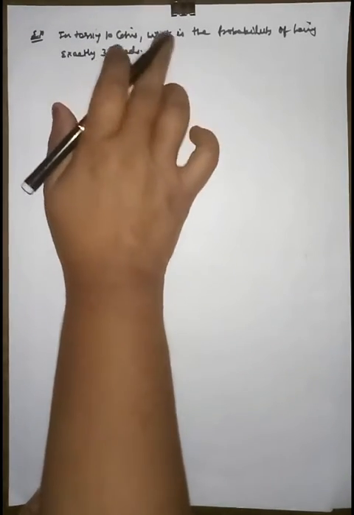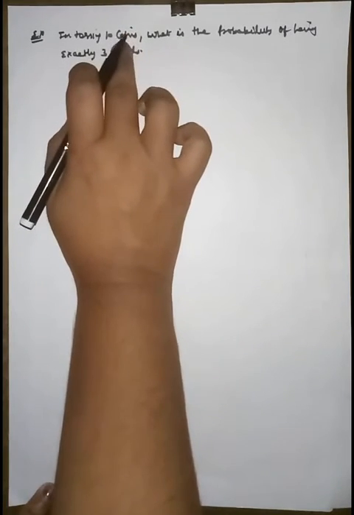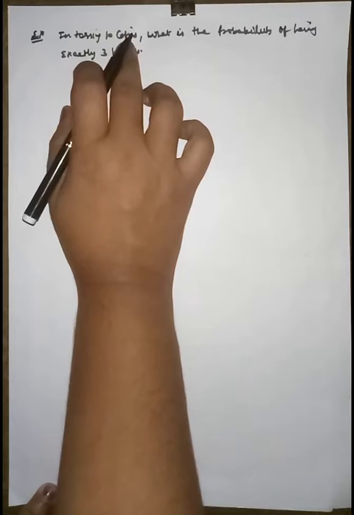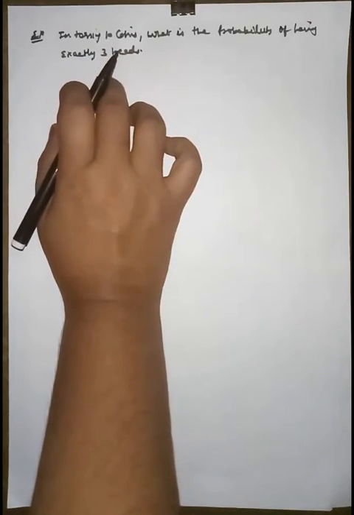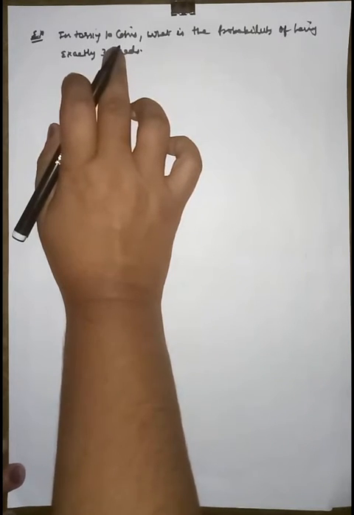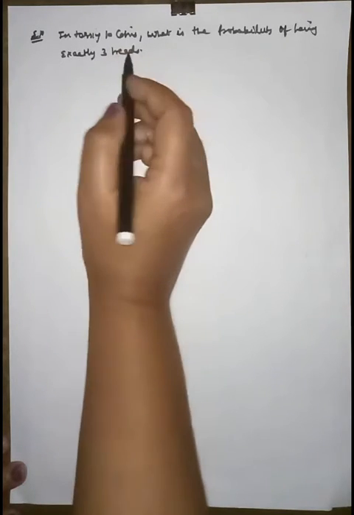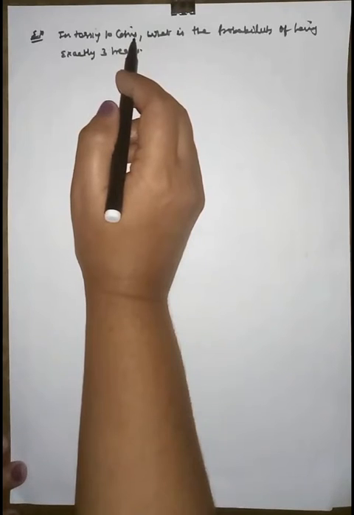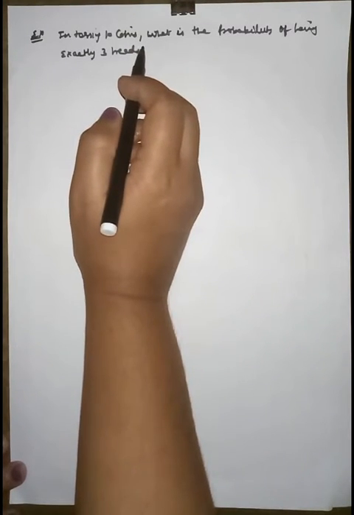So see friends, here the experiment is 10 coins. In the case of a coin there are only 2 possibilities, head and tail. So we know the probability of success, a head, is 50% and of failure is 50%.